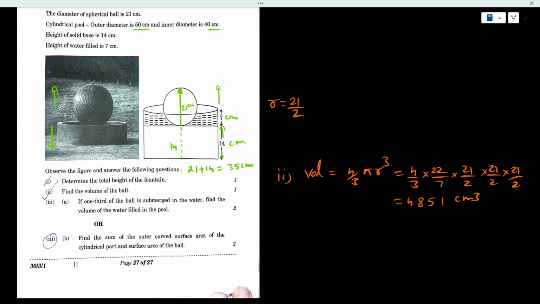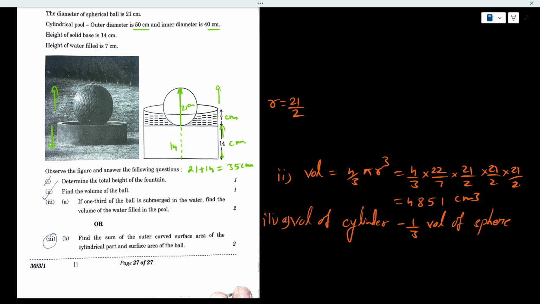So what can I do here? I can take the volume of cylinder minus 1/3 of the volume of sphere, because we need to find out how much water is there when the sphere is not there.